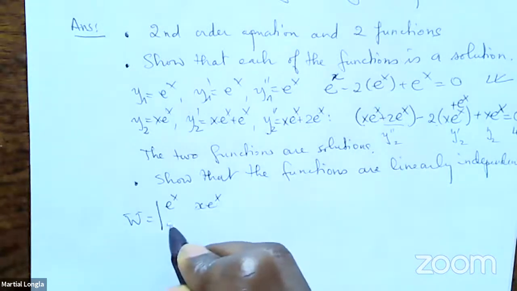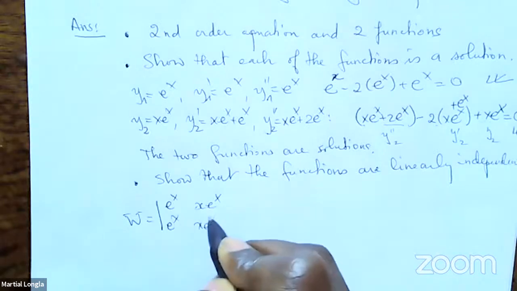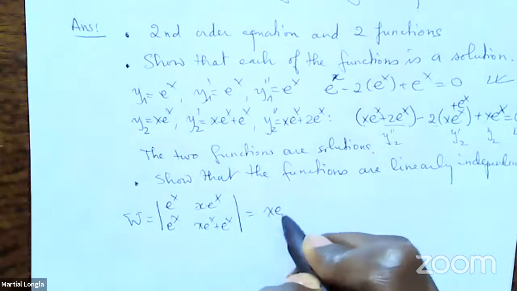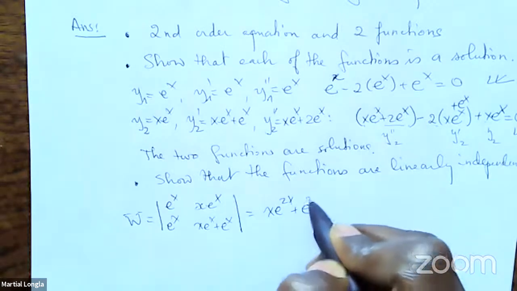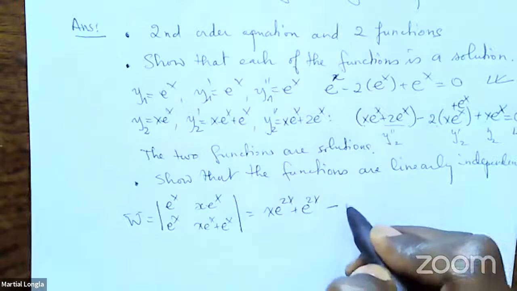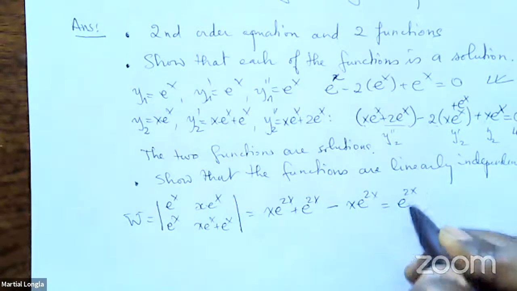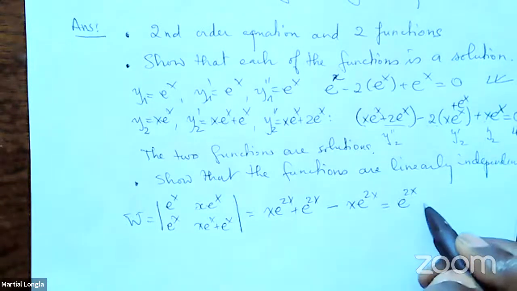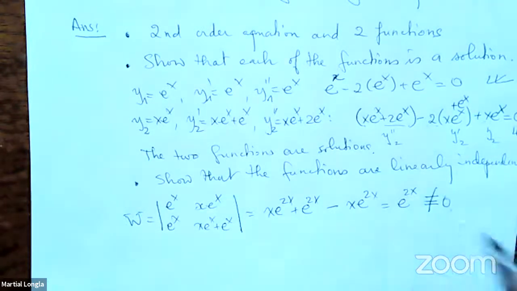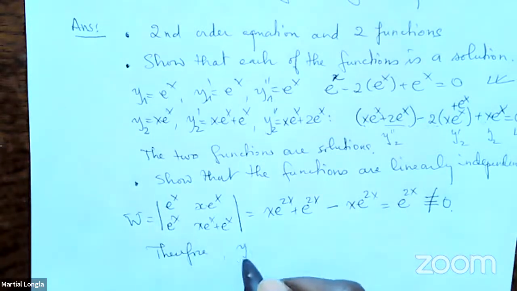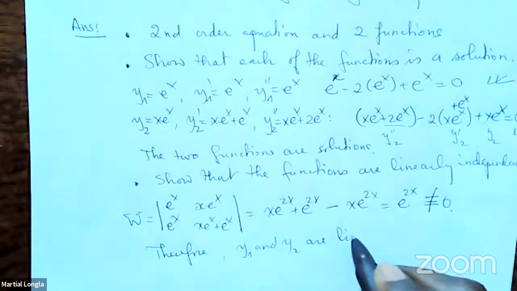So that's x e to the 2x plus e to the 2x minus x e to the 2x, and that is e to the 2x. And e to the 2x is definitely not the function 0, therefore y1 and y2 are linearly independent.